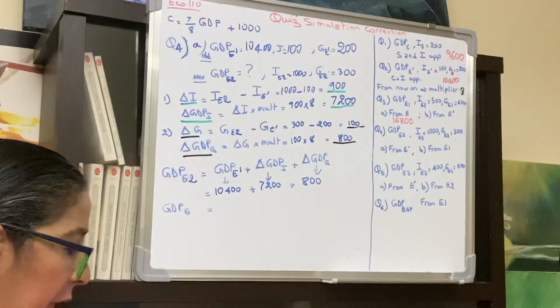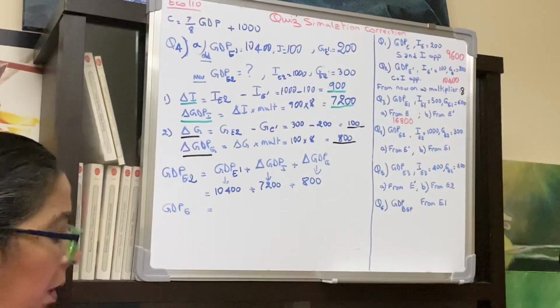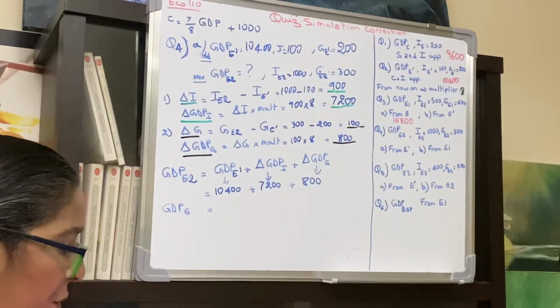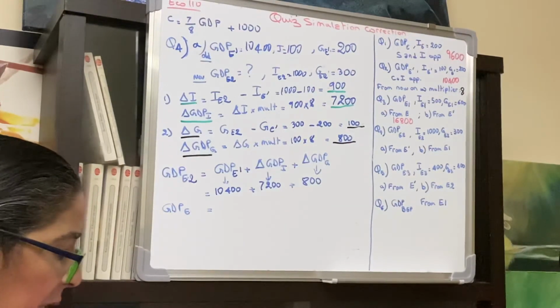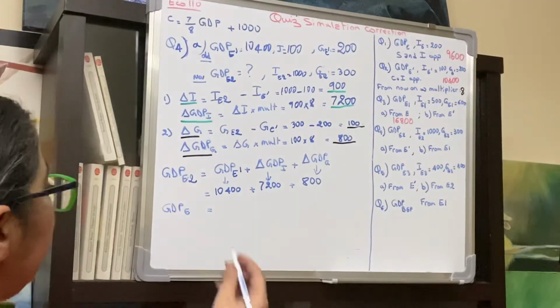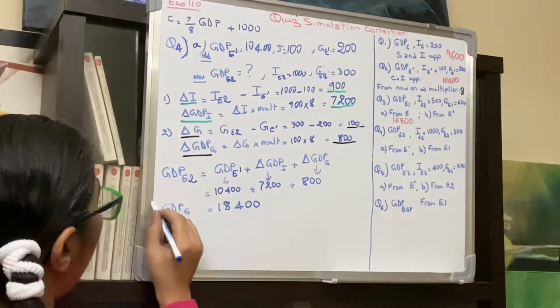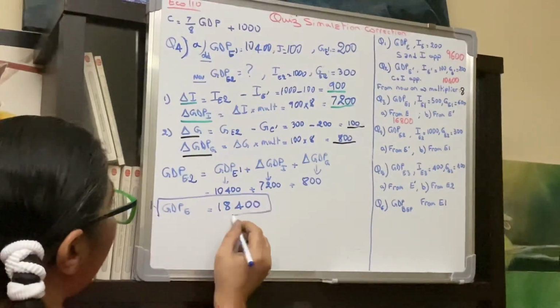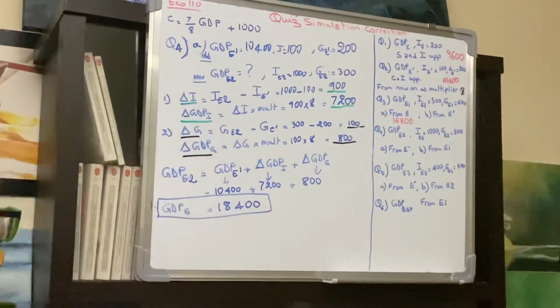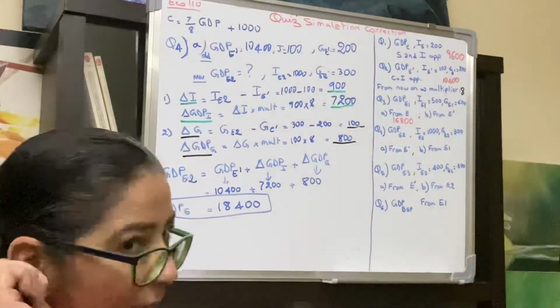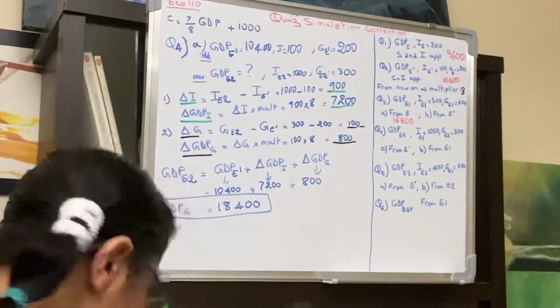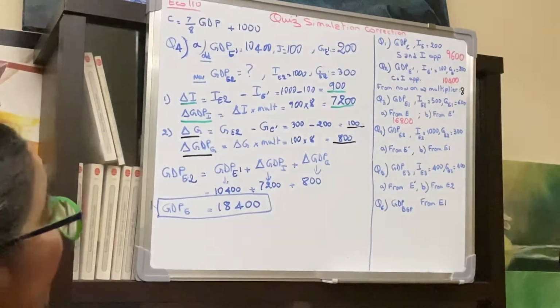Use the calculator, Amy. Plus 72 plus 8. Yeah, 18,400. And that would be your new GDP. If I made a mistake, here I am, punishing myself. Let me write it over here.